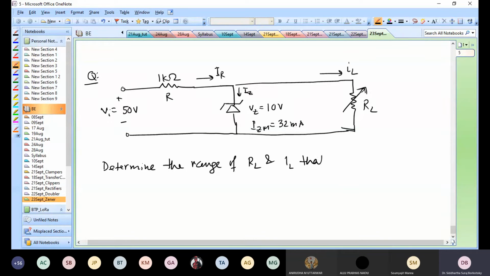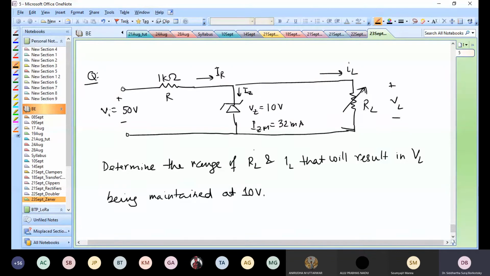that will result in VL, or VRL, being maintained at 10 volts.